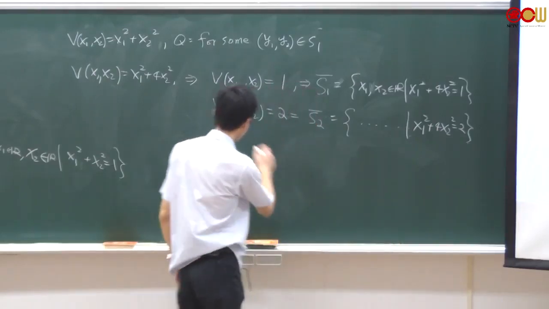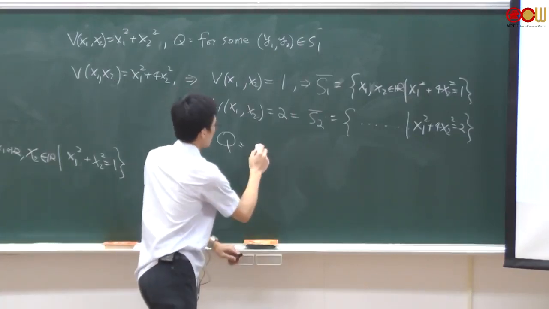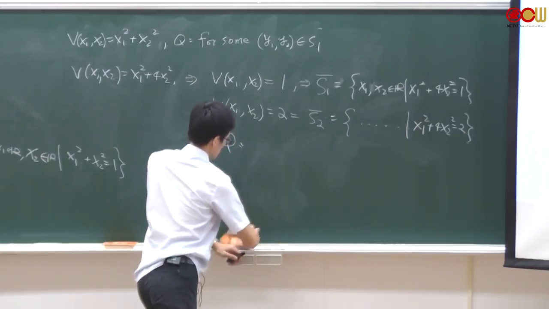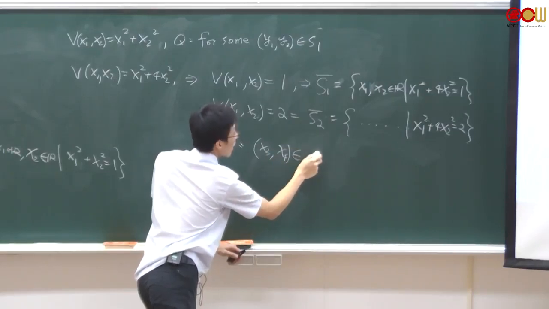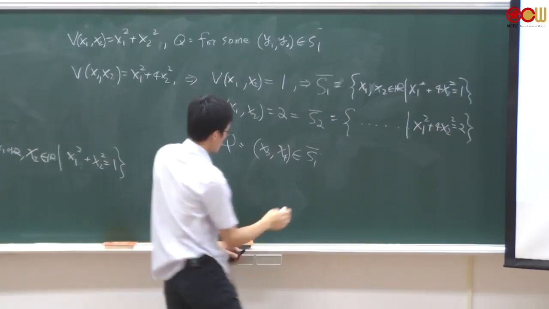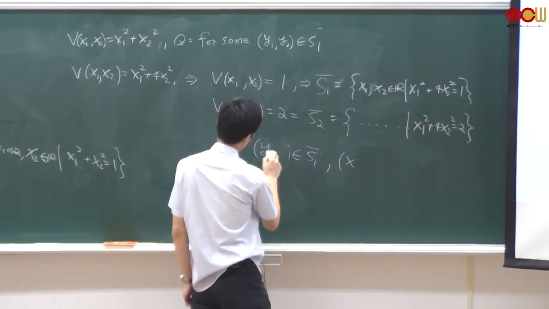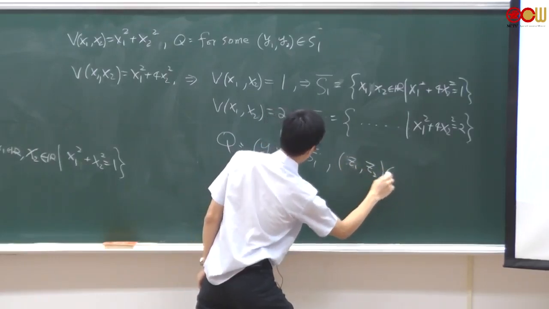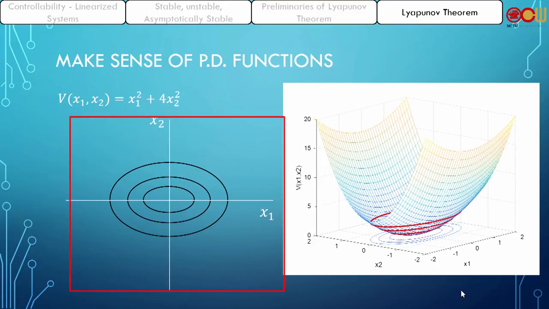Okay, the question is, brainstorming. If I give you some x belonging to S1, and y1, y2, z1, z2 belonging to the S2 set, y1, y2 is in this orbit, z1, z2 is any point in this orbit, in this set.